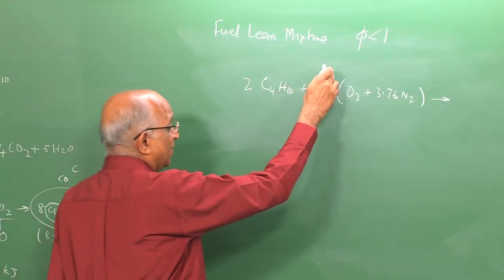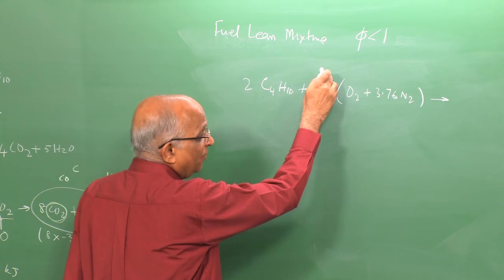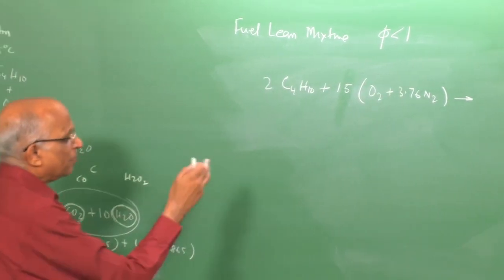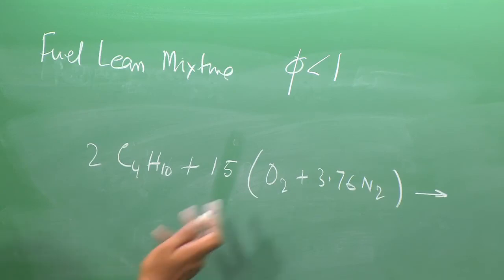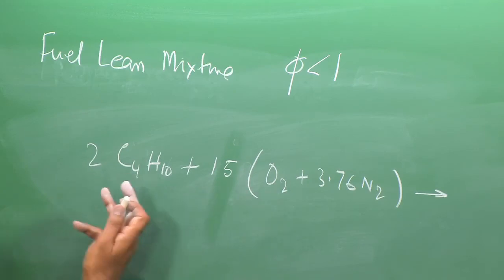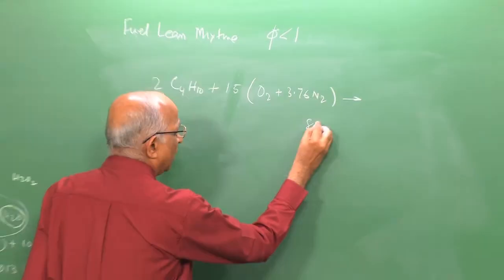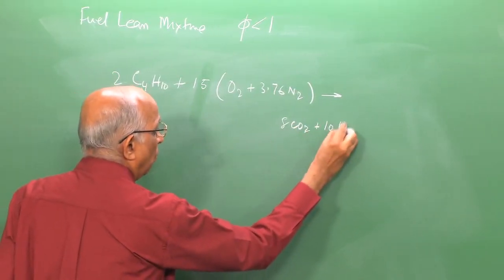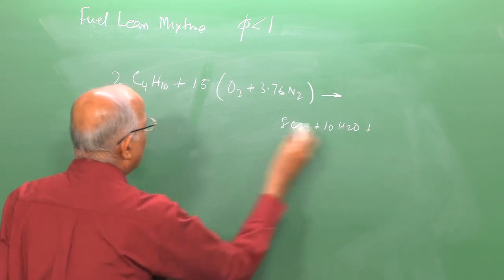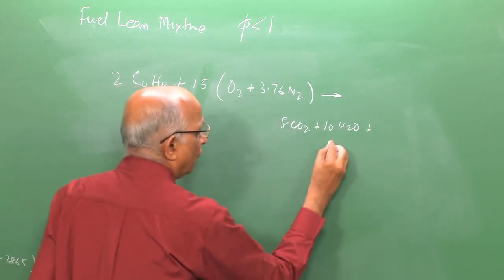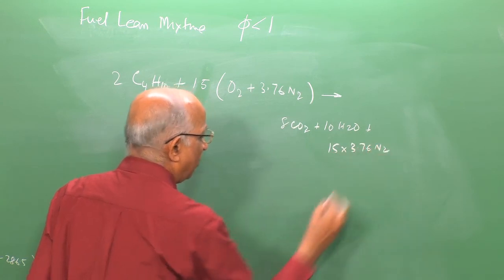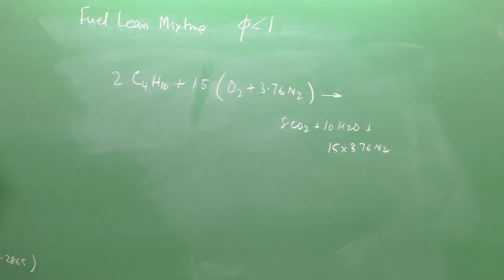That means I have excess oxygen, therefore when I say fuel lean, I talk in terms of air being more. What are the products of combustion? The carbon will get converted to CO2, the hydrogen fully oxidized to water, and I also have the balance of 15 into 3.76 of nitrogen left back.